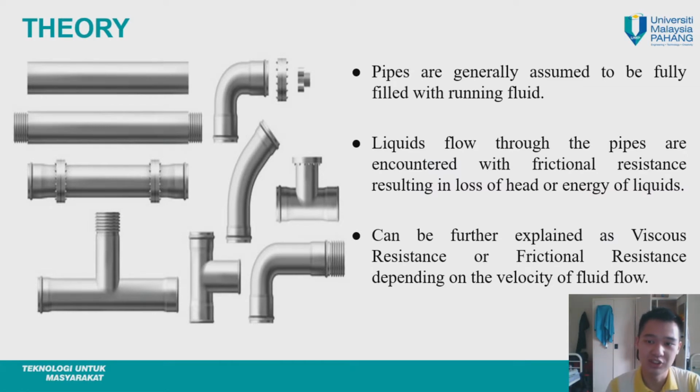The pipes are generally assumed to be fully filled with the running fluid, where the liquids flowing through the pipes encounter frictional resistance, resulting in loss of head or energy of liquids, which can be further explained as viscous resistance or frictional resistance depending on the velocity of fluid flow.